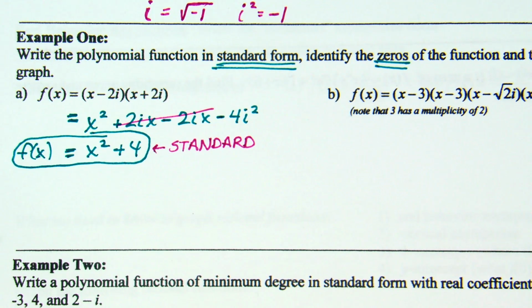Okay, zeros. It wants us to identify the zeros of the function. How do I find zeros of a function? We're not graphing it. Set what equal to 0? X squared plus 4. Okay, you could set x squared plus 4 equal to 0.